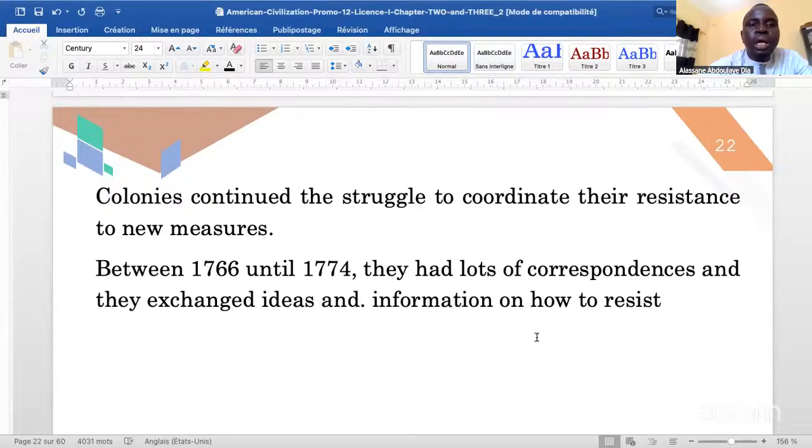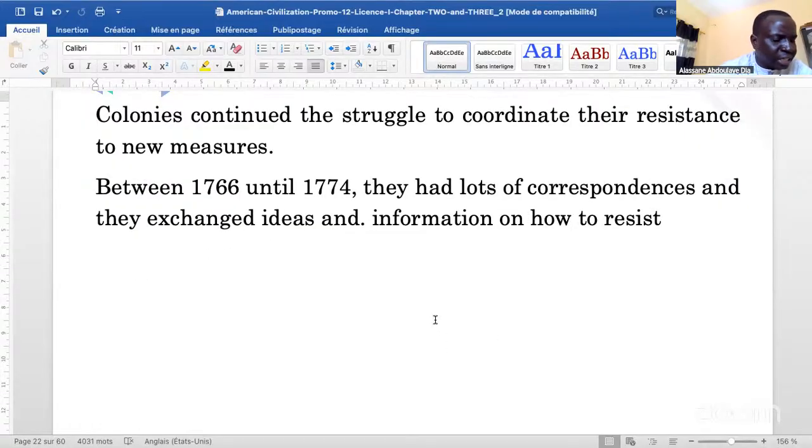So the colonies continued to struggle and to coordinate their resistance to new measures. All right? So the colonies said that the resistance was okay, and they had to continue to coordinate their resistance to new measures. Between 1766 and 1774, they had a lot of correspondence and communication.